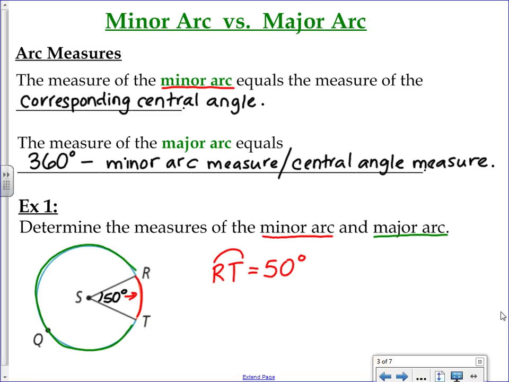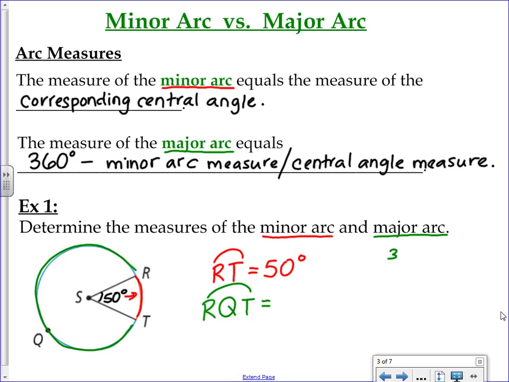And then if you want to find the measure of the major arc, which in this case we'll call major arc RQT, how do you think we'll figure that out? Well, a full circle is 360 degrees. So according to the rule here, we're just going to take 360 degrees and subtract from it the measure of the central angle, which will be the same thing as the measure of the minor arc.